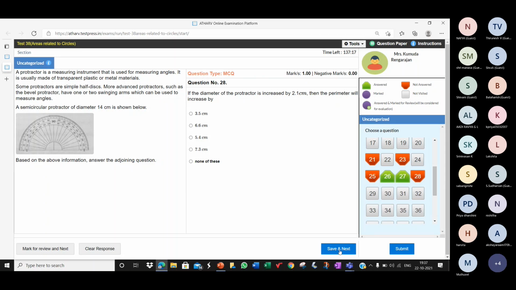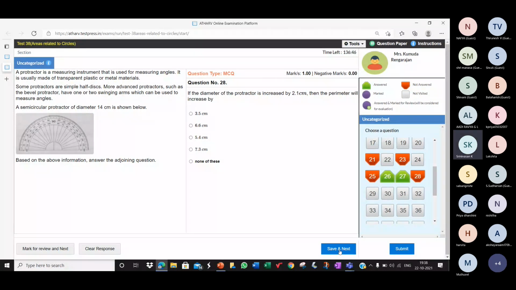What's the new perimeter, Srinivasan? Ma'am, I took the new radius as 16.1 by 2, and the old radius 14 by 2.